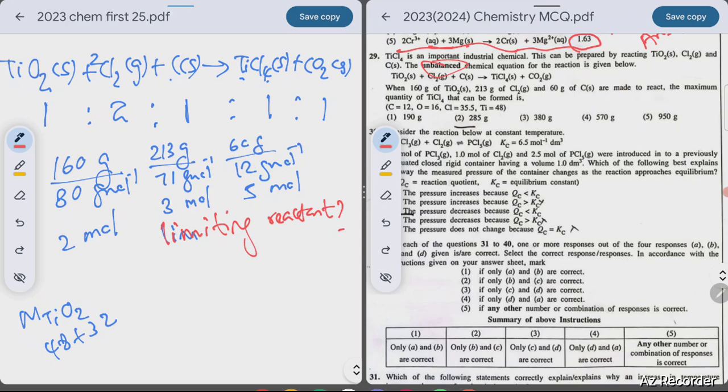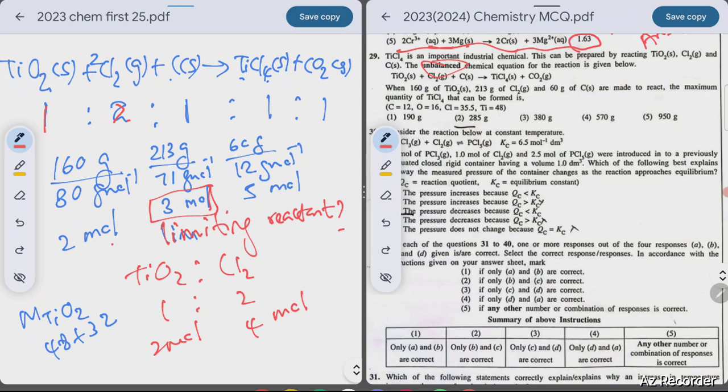So what is the limiting reactant here? TiO2 has 2 moles. Now TiO2 to chlorine, what is the stoichiometric ratio? 1 mole of TiO2 reacts with 2 moles of Cl2. Now if there are 2 moles of TiO2, then 4 moles of Cl2 should be there to react. But here it has only 3 moles. So chlorine is the limiting reactant.